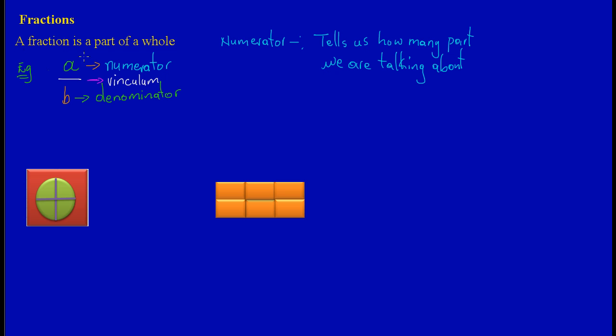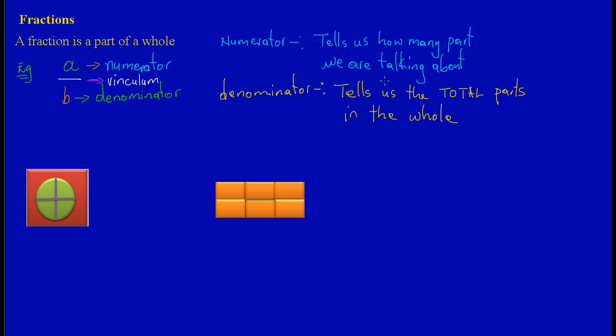And the denominator, let me just change my color, the denominator tells us the total parts in the whole.